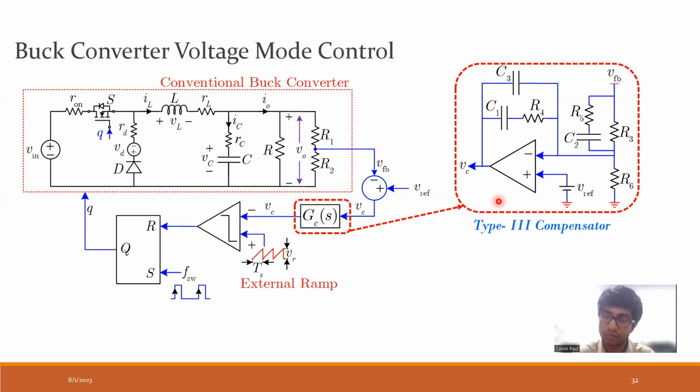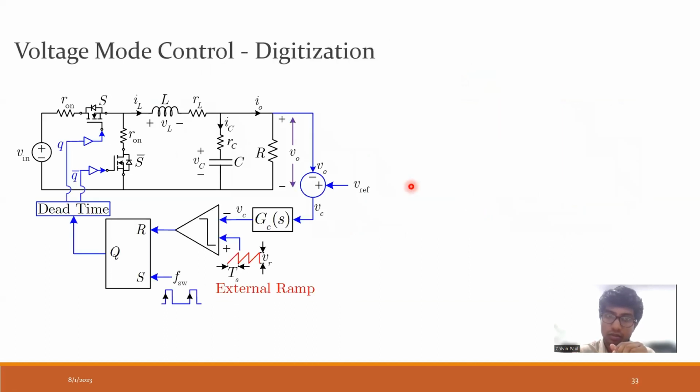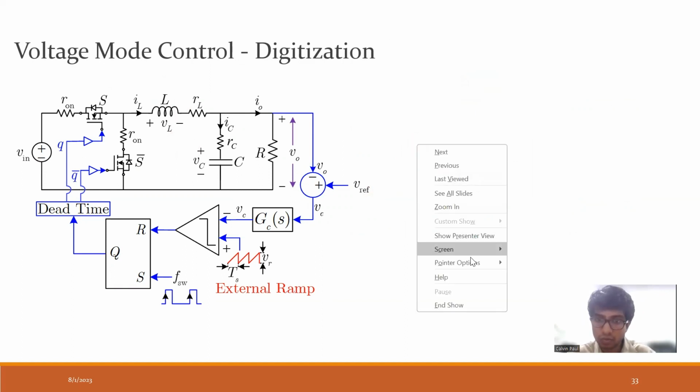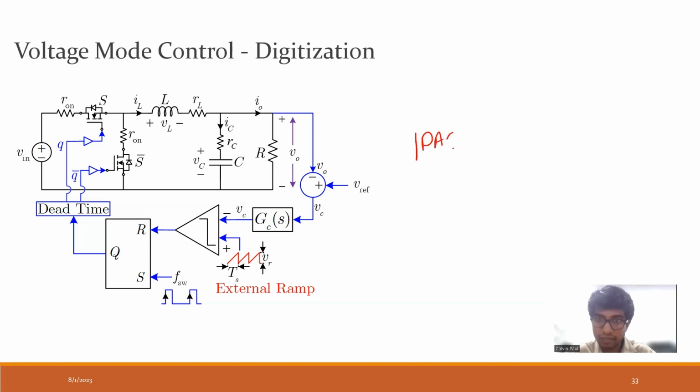So what will I do then? I will change this VREF. I will make VREF digital, so that I can program VREF accordingly. So I will have a DAC. We'll give VREF digital, and that will be converted into this analog VREF.